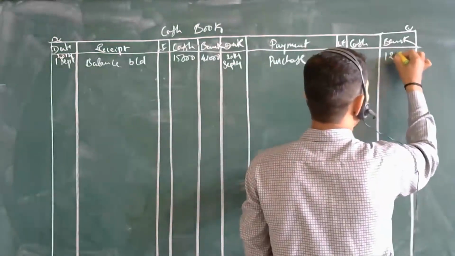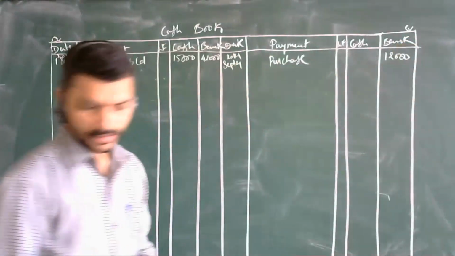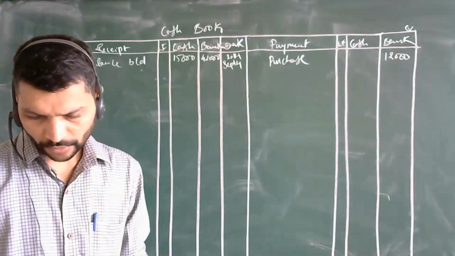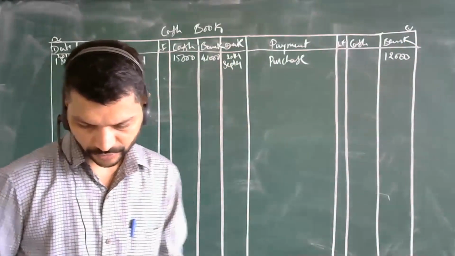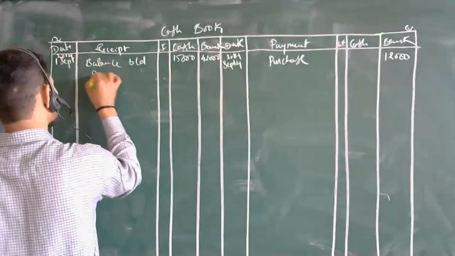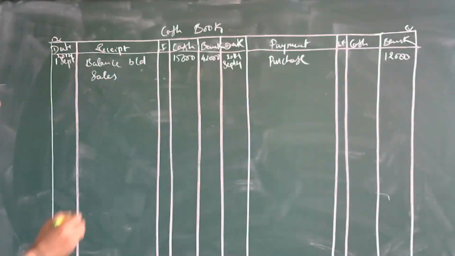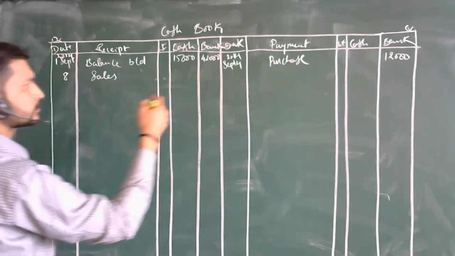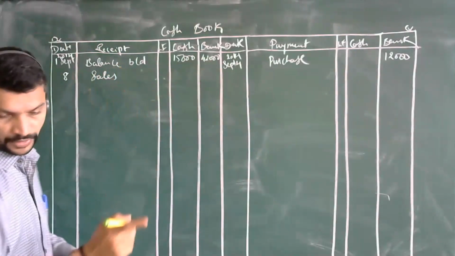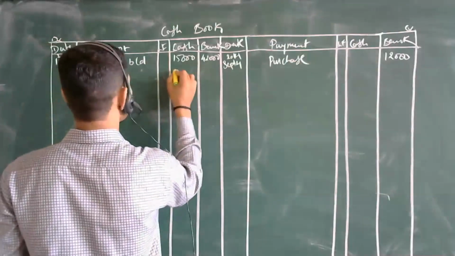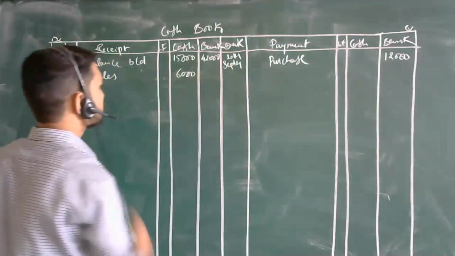Check means bank. Done. Then next, sales of goods for cash, 6,000 rupees. What is the date? 8th, after the 4th. Cash means here you can mention 6,000.